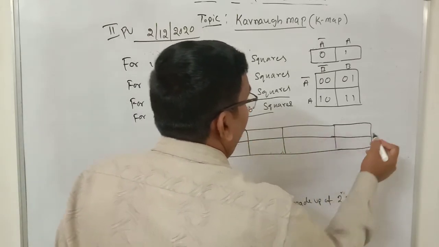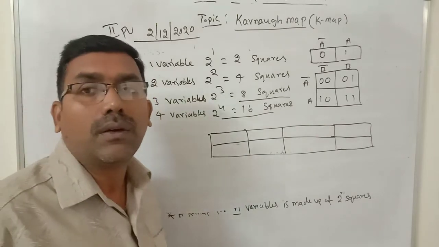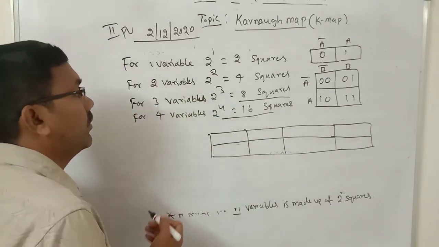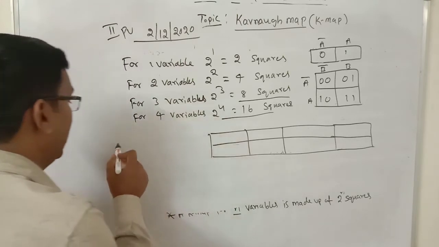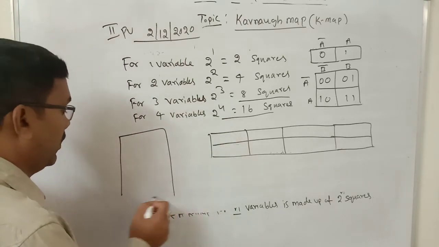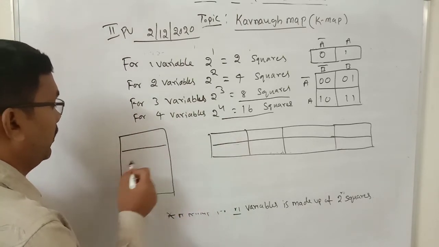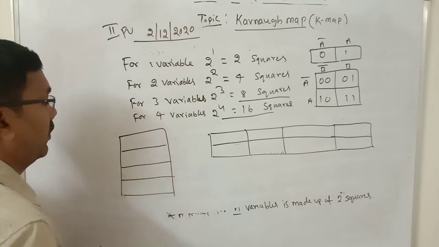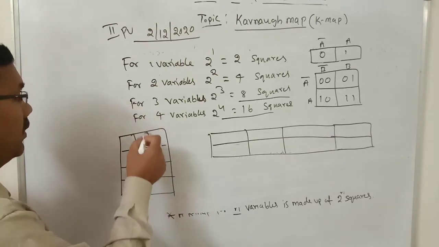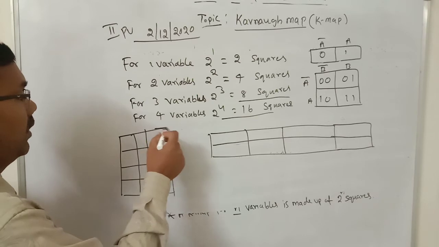So this is for 8 squares. You can solve that one. And this is for 2 to the power of 4, 16 squares. You can put boxes 1, 2, 3, 4, 1, 2, 3, another one is 4.